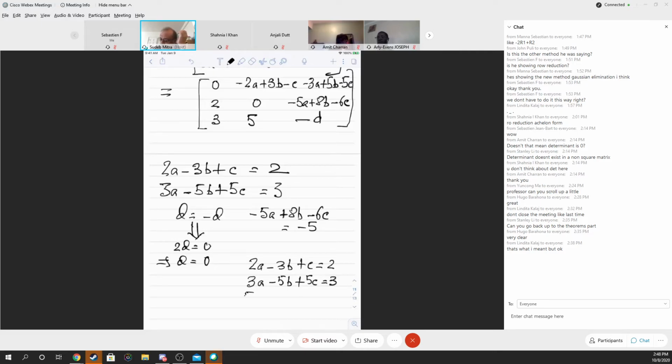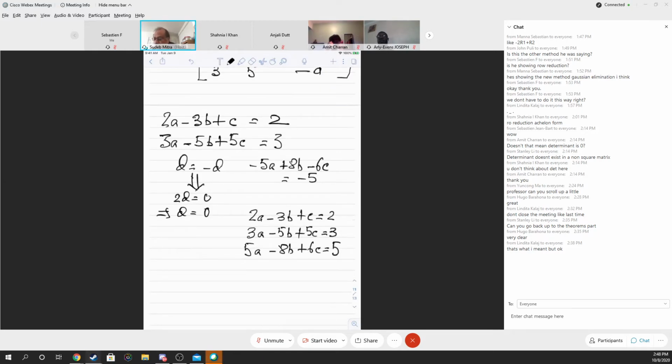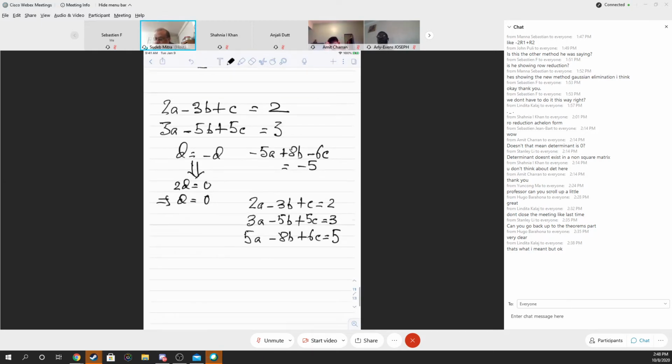Then 5A minus 8B plus 6C is 5. Why don't I multiply the first row by 5? So 10A minus 15B plus 5C is 10. 3A minus 5B plus 5C is 3.